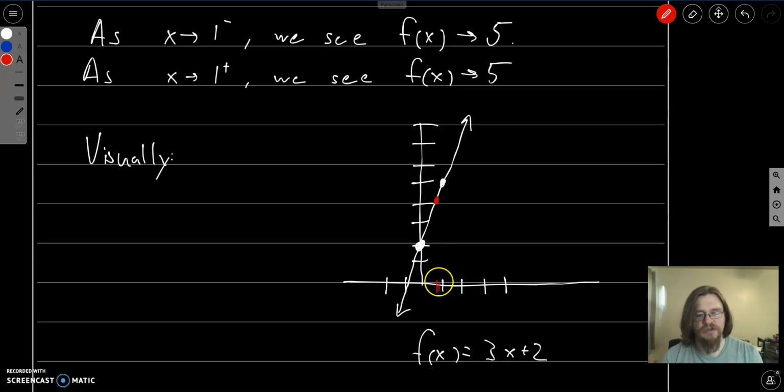If I plug in a number that's even closer to 1, you can see that we're getting closer and closer to this dot up here. So if I sort of erase these, as we get closer and closer to 1 from the left-hand side, say we're coming from the left-hand side, we are getting closer and closer to this point up here.